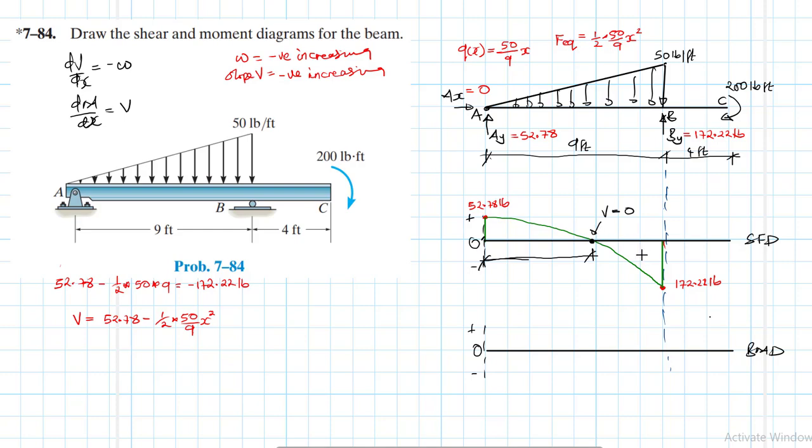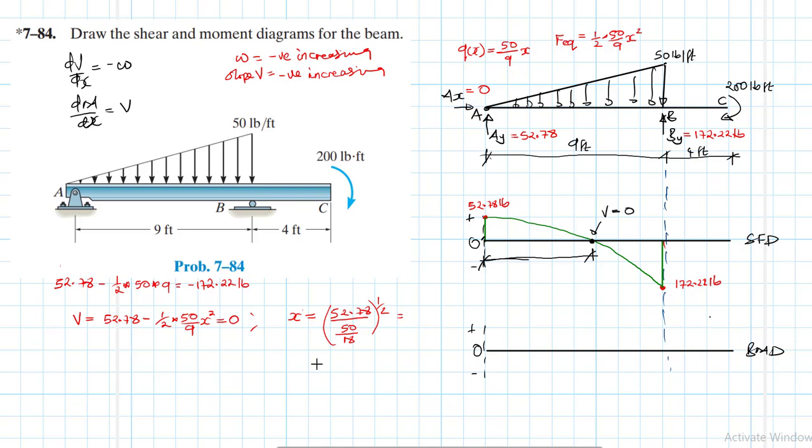And shear at this point where the curve cuts the x-axis is equal to 0, therefore we equate this to 0. And then we make x subject of the formula, because we want to find the value of x. It becomes equal to 52.78 divided by 50 divided by 18, and this to the power half.